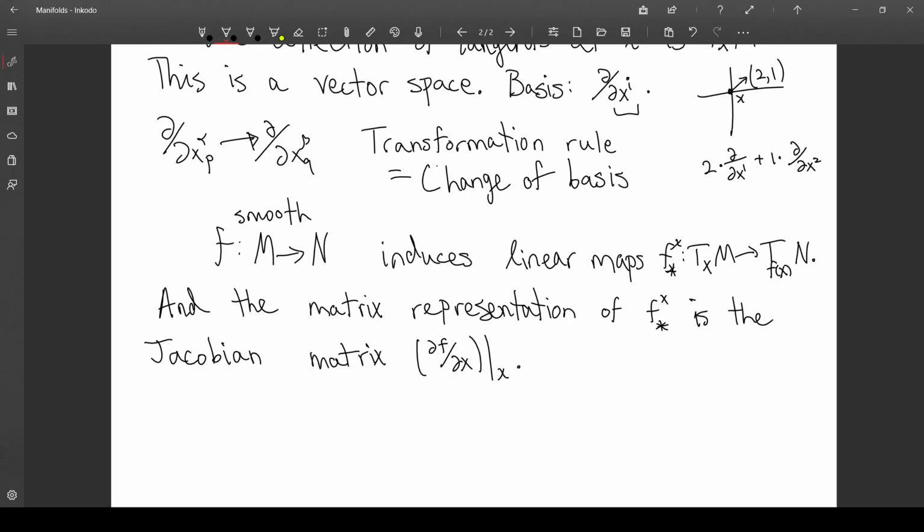So this again relates a calculus idea, which is also a linear algebra idea since it's a matrix, to this linear algebra idea that it's a linear map of vector spaces, but it's also calculus related. So here we can see that the structure of manifolds is both heavily linear algebra related and calculus related.